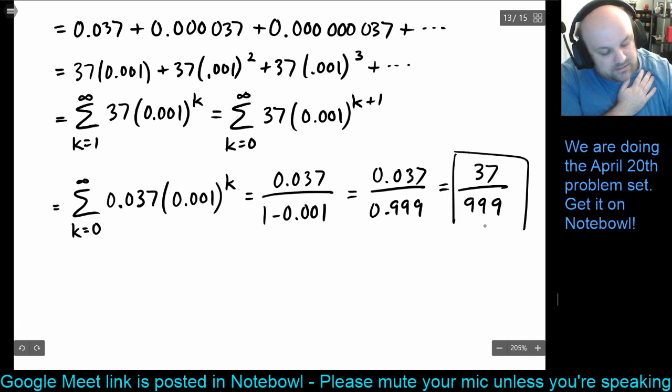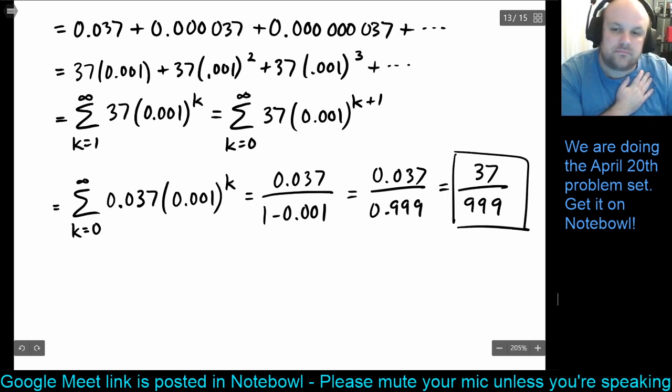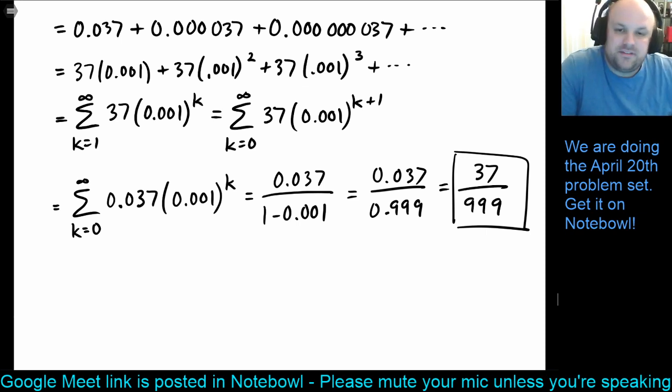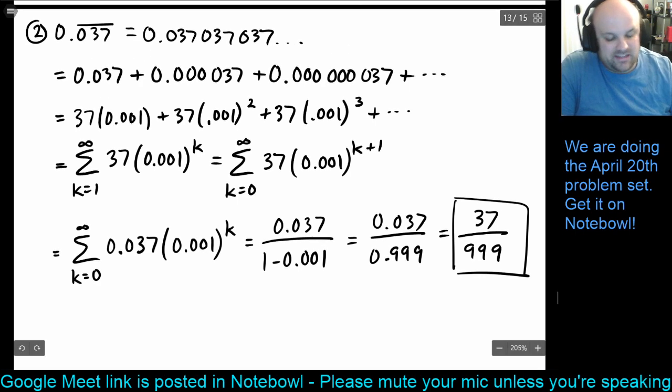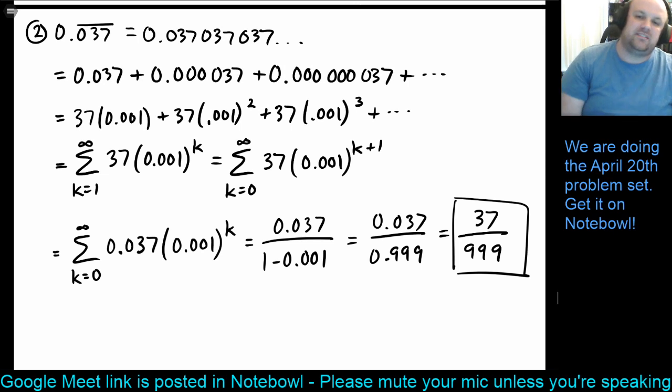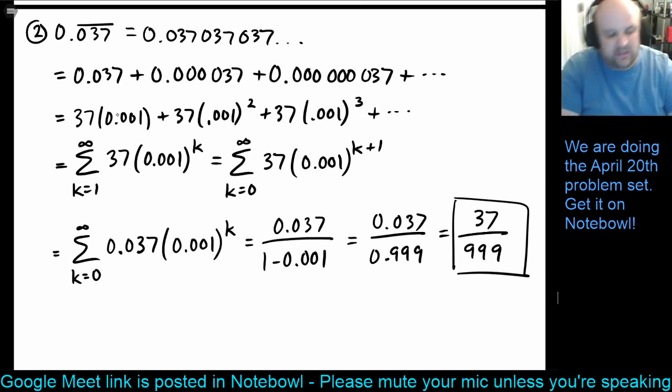And that's our decimal. So, great. That's how we can take strings that are more than one digit. We can have as many digits as we want in that string as long as it's repeating. We can always break it down into this kind of geometric series pattern.